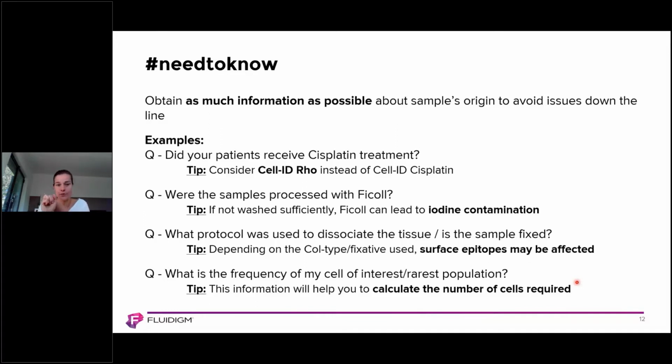For example, if you have a patient treated with cisplatin, just be careful because cisplatin can be used as a live dead stain. So just choose another live dead stain like rhodium, for example, and be careful that this treatment is not too high and will not impact your results.